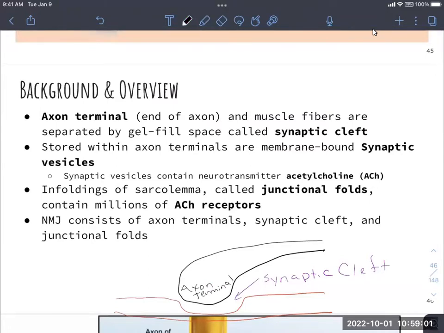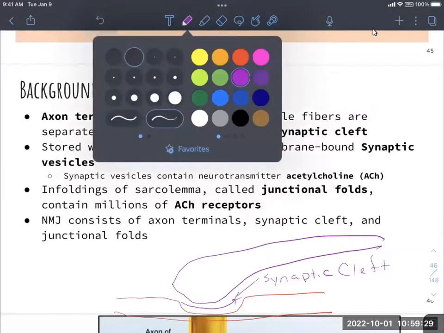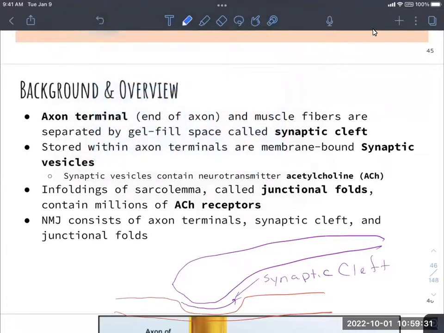The end of the neuron is called the axon terminal. The synaptic cleft is this whole space in between. In this axon terminal, whoops, lost my entire nerve. Now my nerve is purple. There are synaptic vesicles. They are filled with our acetylcholine.